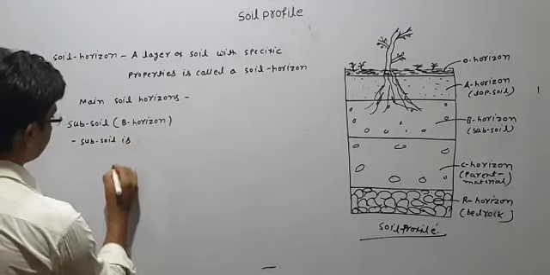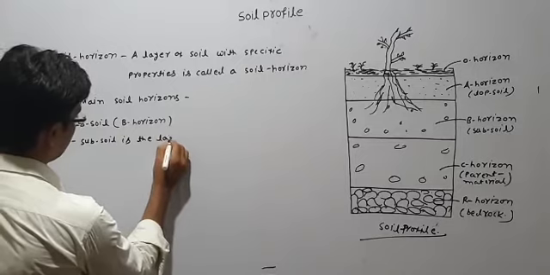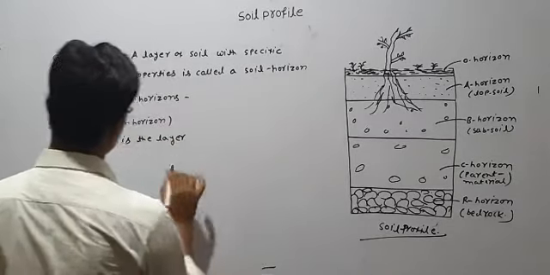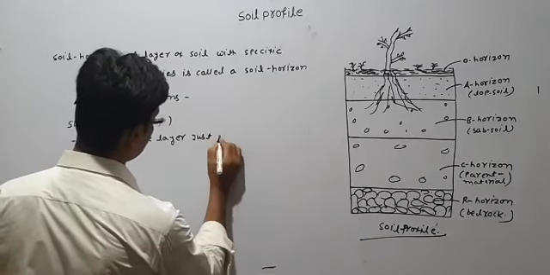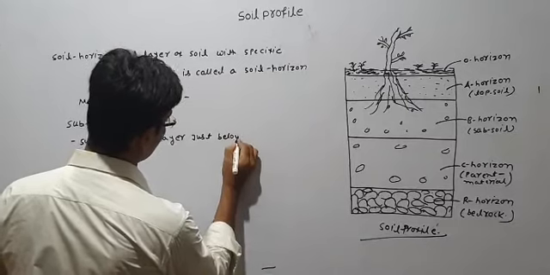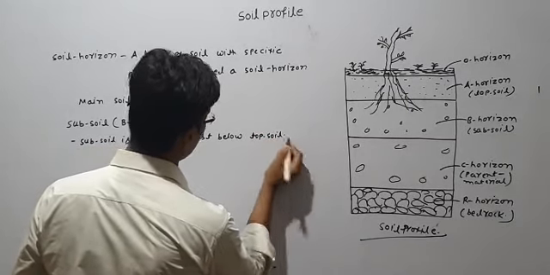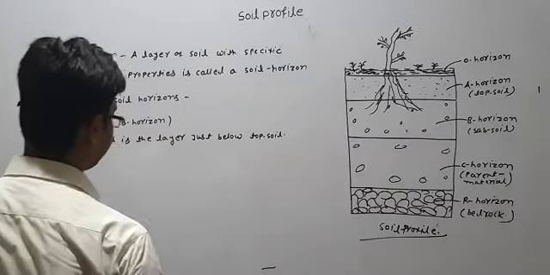Subsoil is the layer just below the topsoil. Actually it is just present below the topsoil. After that topsoil, subsoil is present.